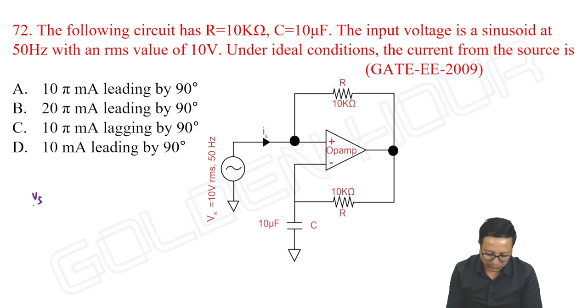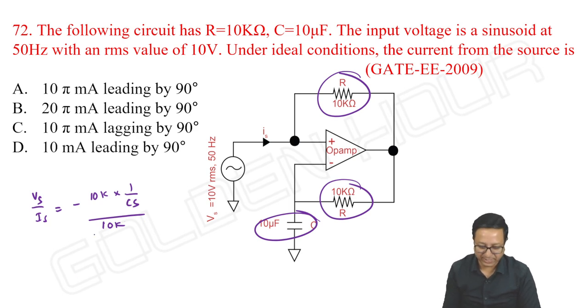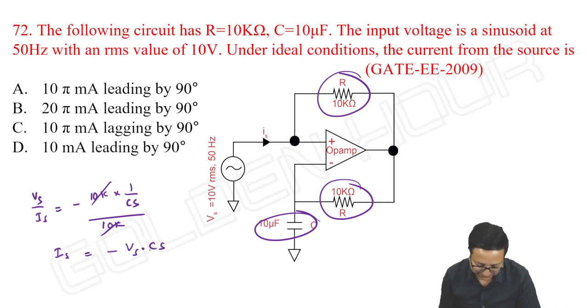So we know Vs by Is is equal to minus this resistance, that is 10k, into this impedance, that is 1 by Cs, divided by this resistor. Directly I am writing. Okay, I need not again calculate these things. It is minus 1 by Cs. Then what are they asking? Is. Is is equal to minus Vs into Cs.